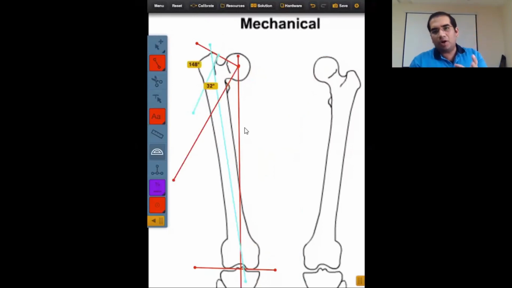The 2 degrees is just because of human error. Because of the slight placement of the lines here and there, we have gotten this slight variation in the angles.